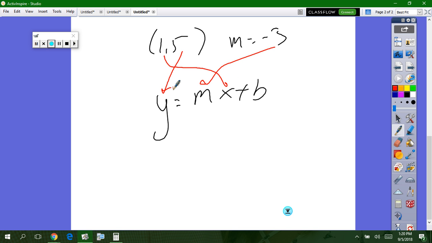And the thing we don't know is our y-intercept, huh? Does that make sense to everybody, how that came about? Like I said, I don't care how you do it. Whatever you feel the most comfortable doing, that works for me. So here we go. I get 5 equals -3 times 1 plus b.